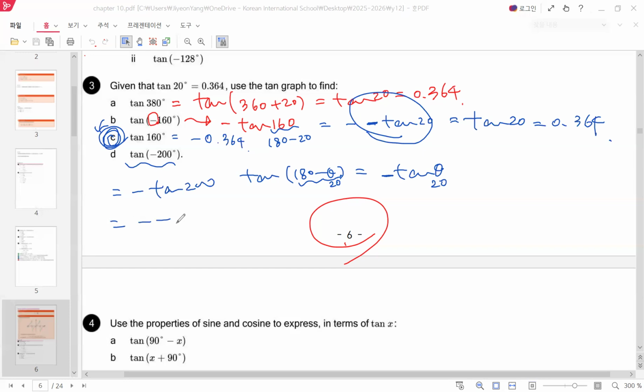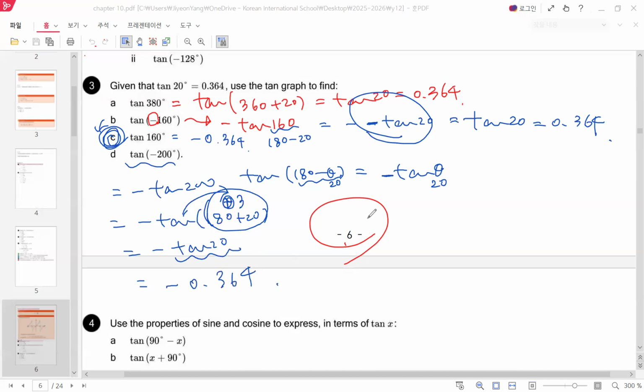And then, Eden, please listen. 200 can be written as 180 plus 20. So it can be written as tangent 20, and this one is the third quadrant. Tangent in the third quadrant is positive. So you don't have to change this sign. So the answer is negative 0.364. Okay.